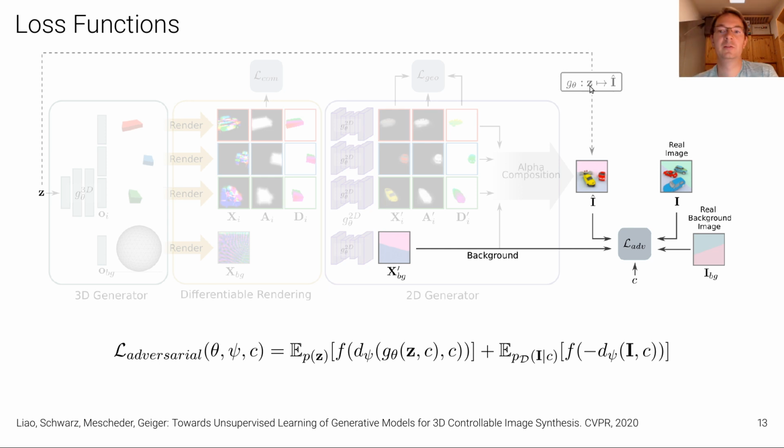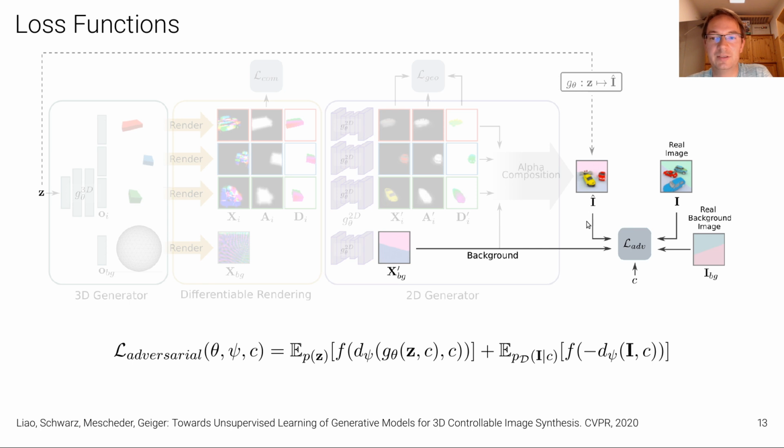That maps from latent code C to the image I hat. We use a standard adversarial loss, which consists of a discriminator that plays a 2-player game, trying to distinguish between images generated by the generator and real images, while the generator tries to fool it.